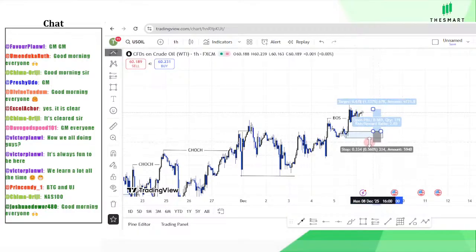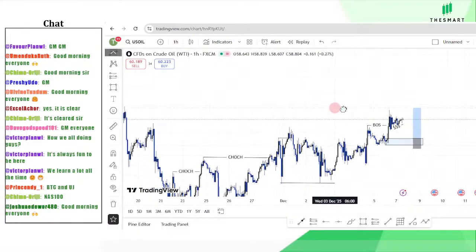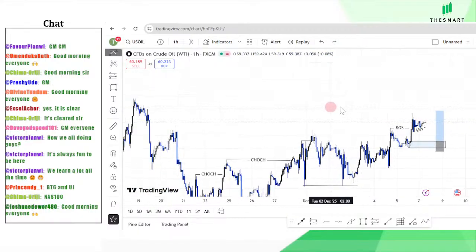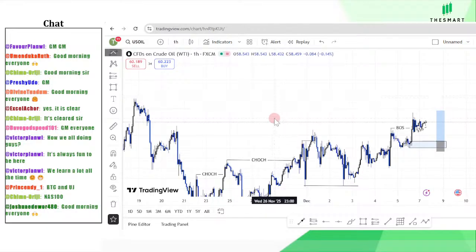A stop loss at this point. If we are to target this immediate high, this is 2.7, but let's make this 1:3. So this is what we have.